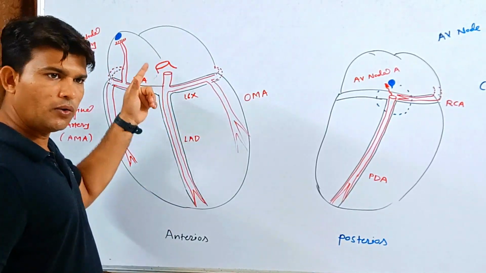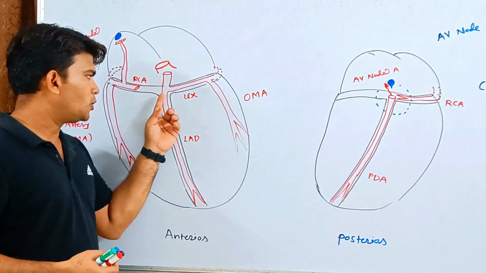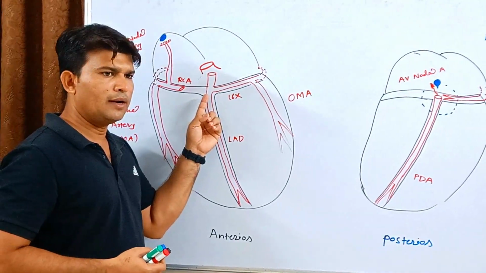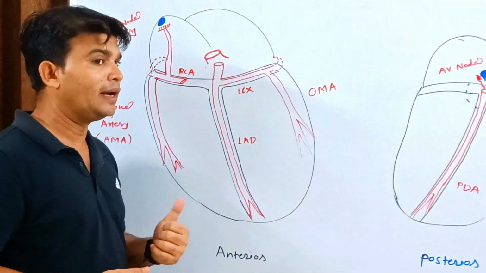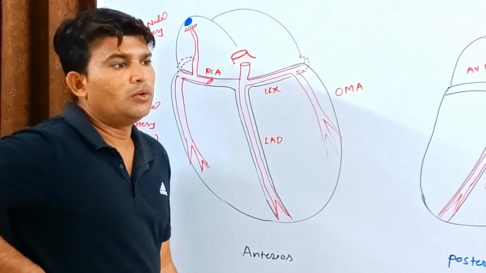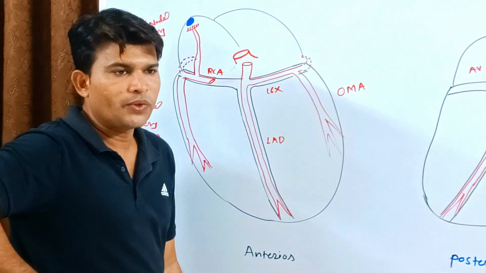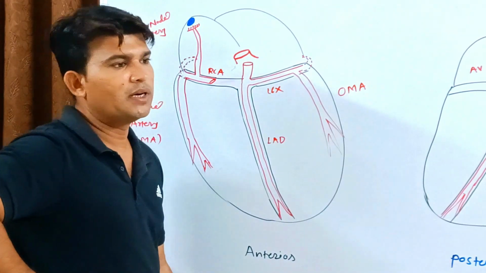Atheromatous plaque and related complications occur mostly in the LAD. Compared to other arteries, the death ratio with atheromatous plaque in the LAD is high.